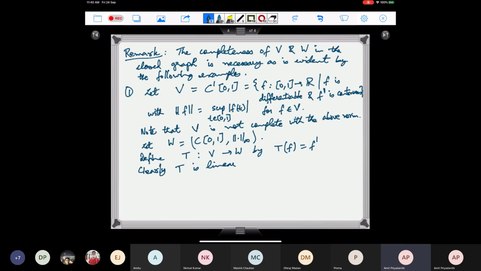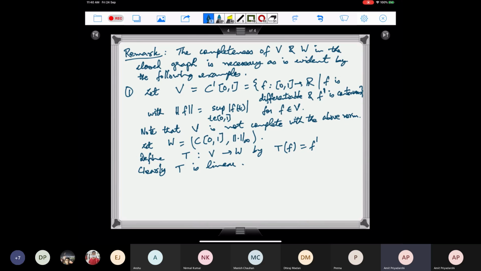Is it continuous? No, because f prime is not bounded. This map is not bounded, right? Because we can take, say, f(t) equal to t^n, and then T of that f will be equal to n t^(n-1).